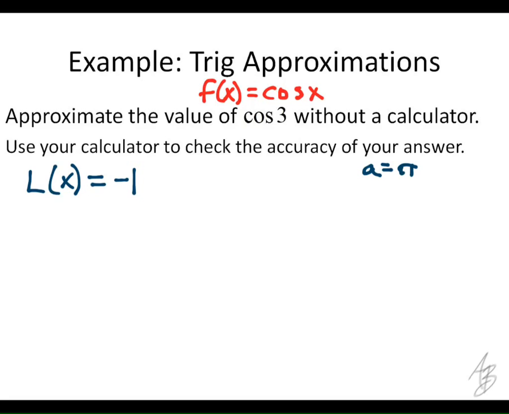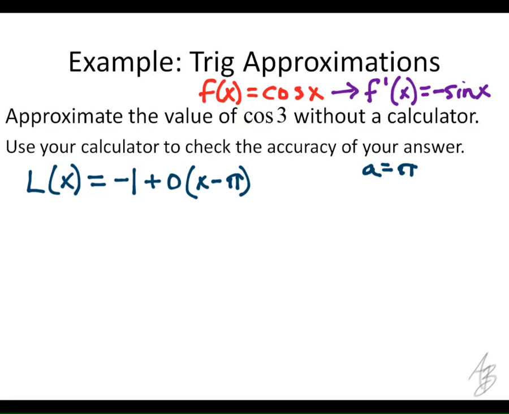So we're going to start at -1, and then we're going to add on the derivative at a. What's the derivative of cosine? Negative sine. So the derivative is going to be negative sine of x. And what is the sine at pi? 0, times x minus pi.